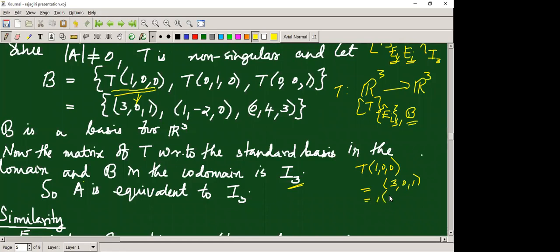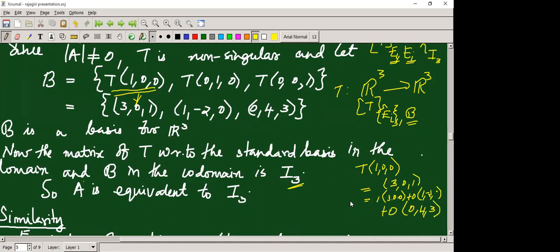This is equal to 1 times (3, 0, 1) plus 0 times (1, -2, 0) plus 0 times (0, 4, 3).